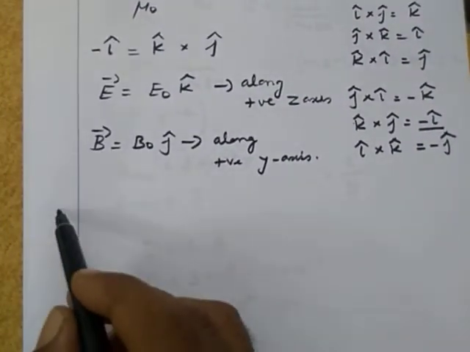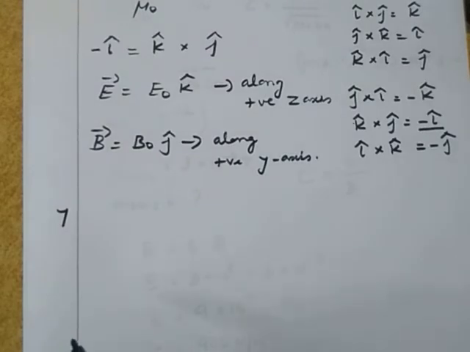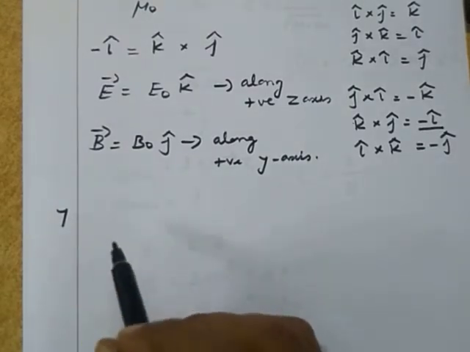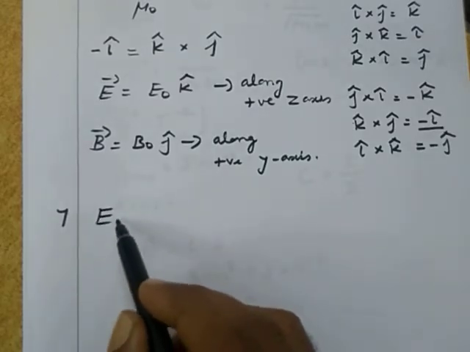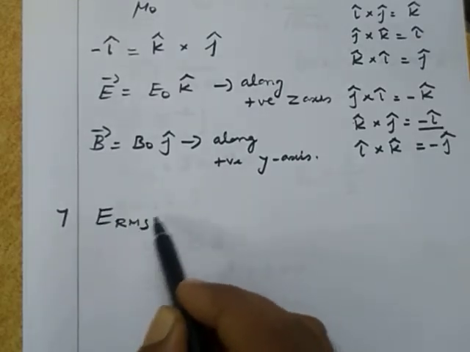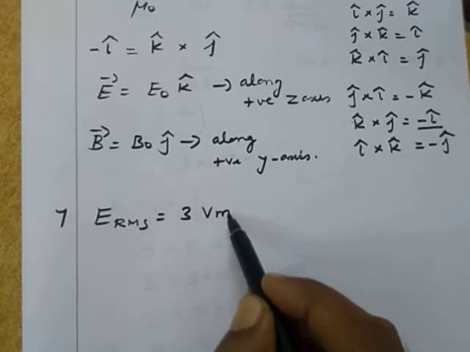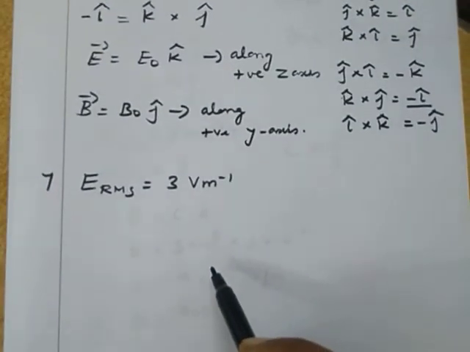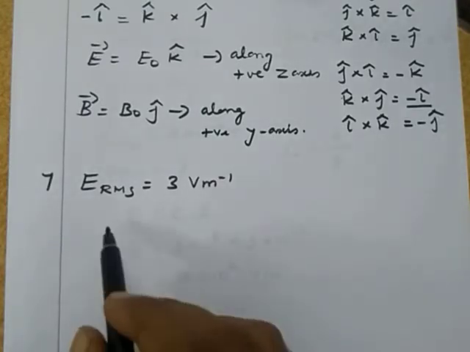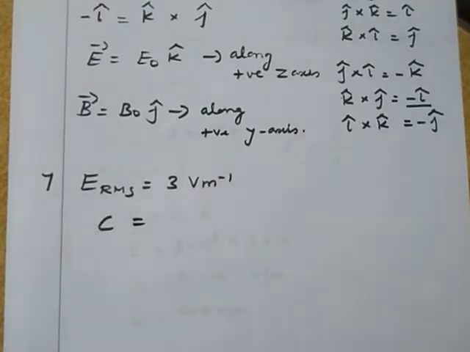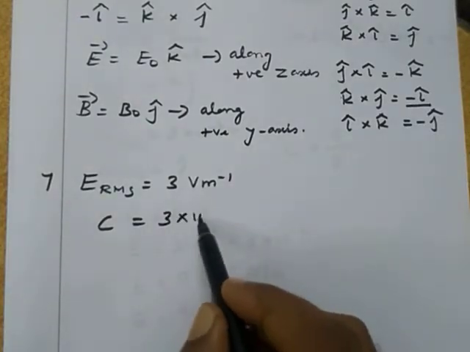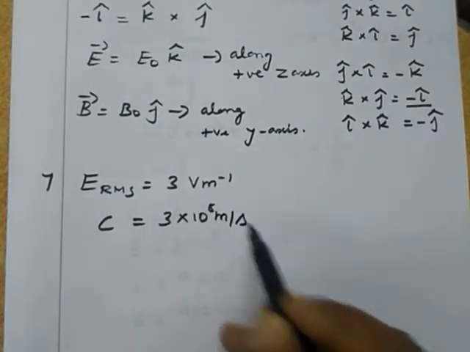Question number 7. They have given the RMS value of the electric field, E RMS, 3 volt per meter. This electromagnetic wave is propagating in free space, so the velocity of the electromagnetic wave is c, which is 3 into 10 power 8 meter per second.